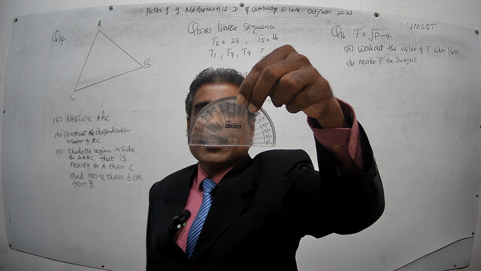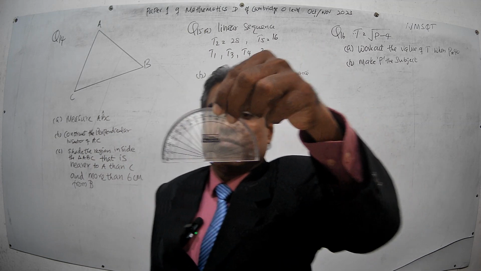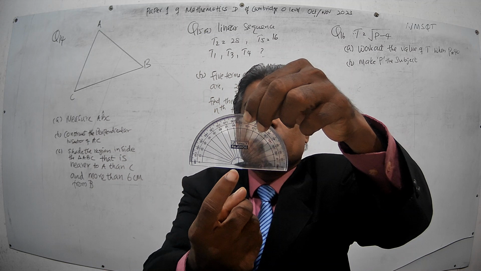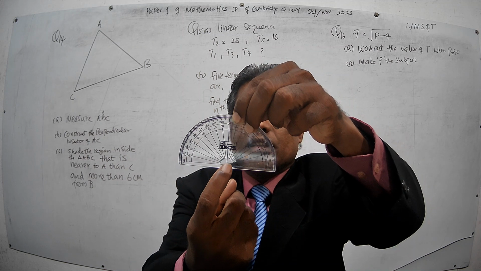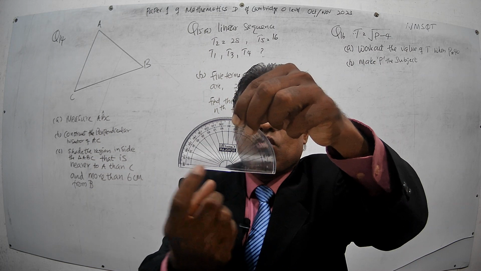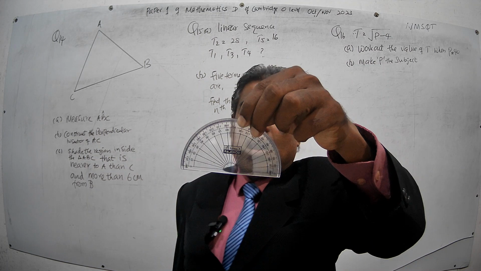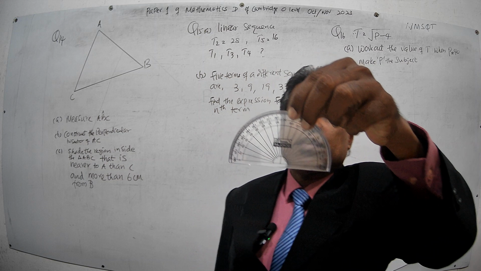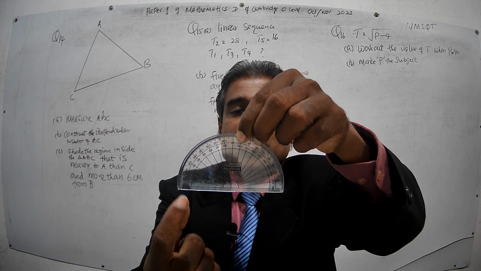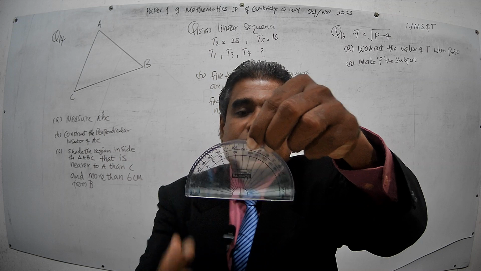Then if you want to measure the angle ABC, you have to keep this center at the point B and keep this baseline on one of the arms of that angle ABC. Here there are two lines of graduations, in degrees.